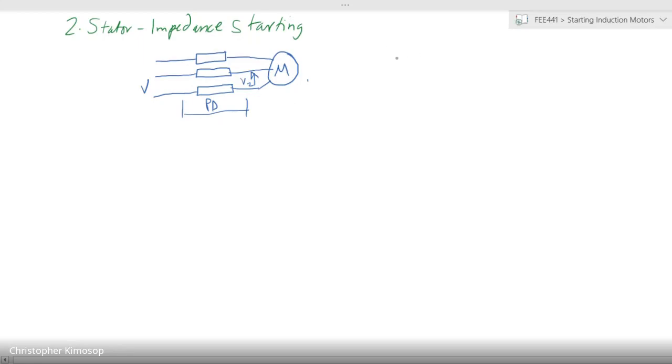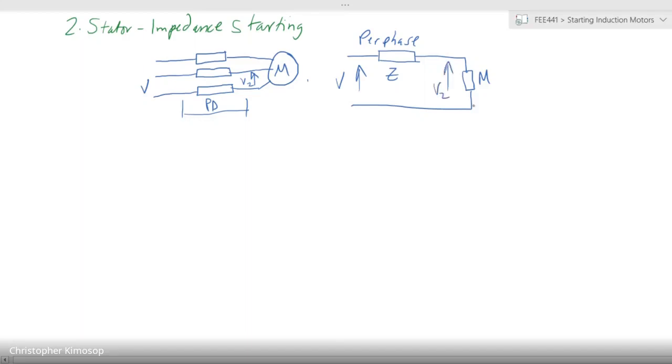So what we have essentially, the motor circuit, if I can simplify it, one phase of the circuit per phase will look like that, whereby this is the motor impedance and this is your impedance that you're applying on the stator, and this is your supply voltage, okay?